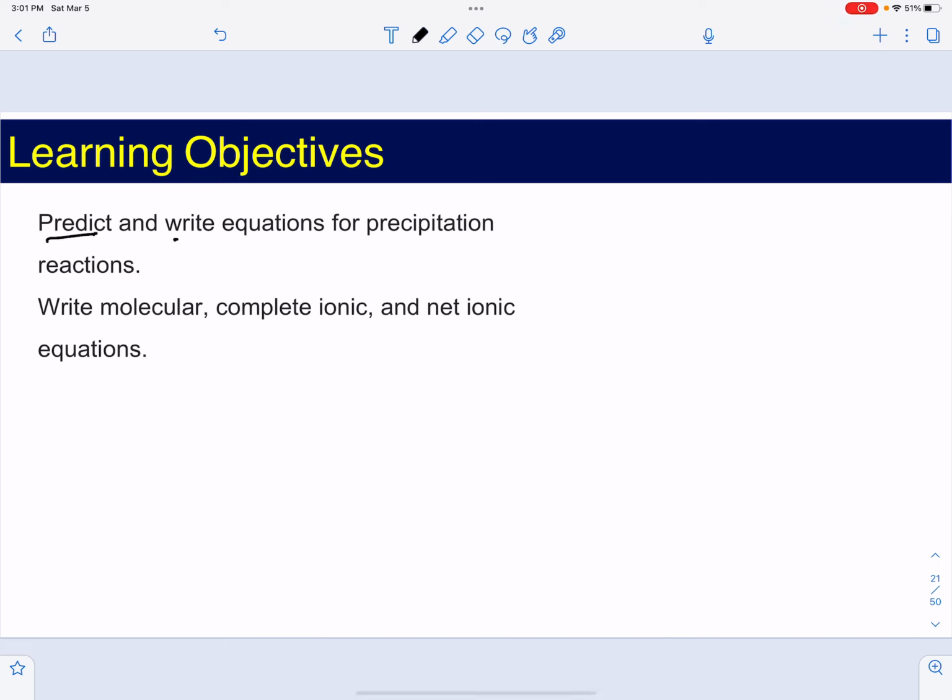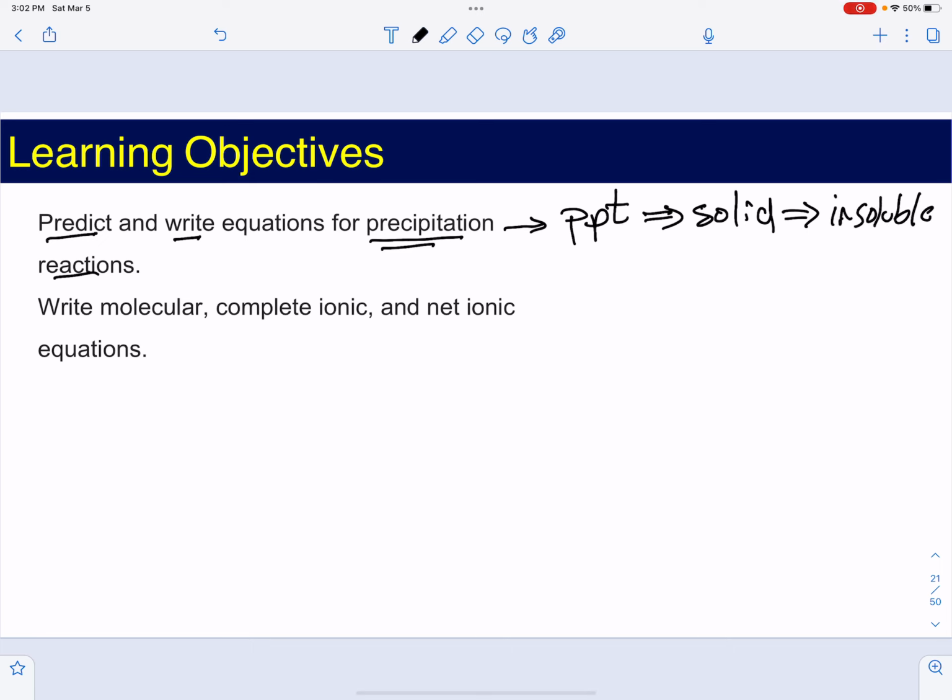Predict and write chemical equations for precipitation reactions. Precipitation is the formation of a precipitate. We tend to abbreviate it like this. And it's nothing more than the formation of a solid. And if something is a solid, that implies it is insoluble.